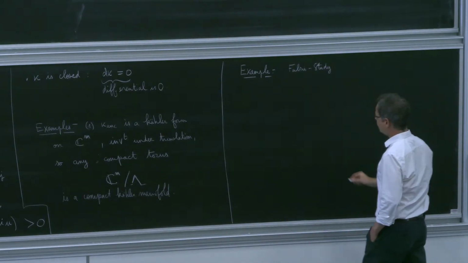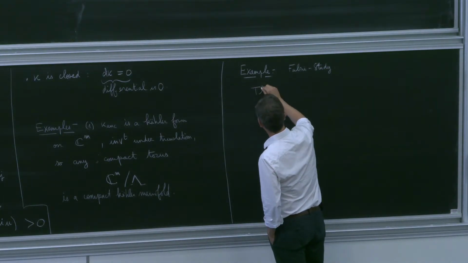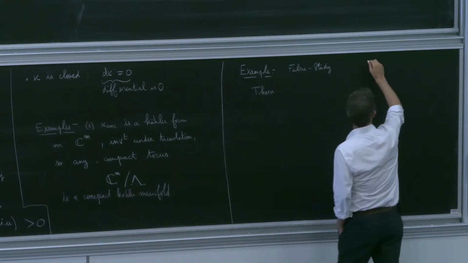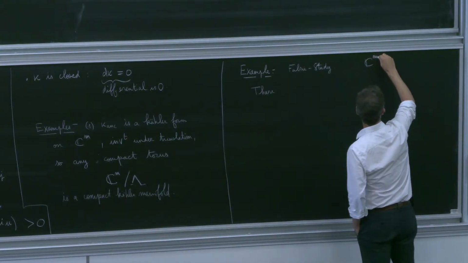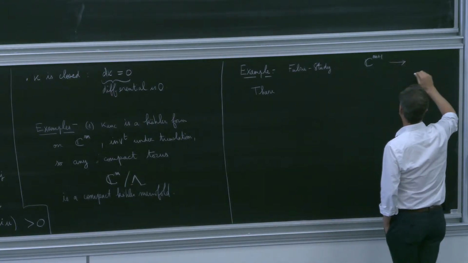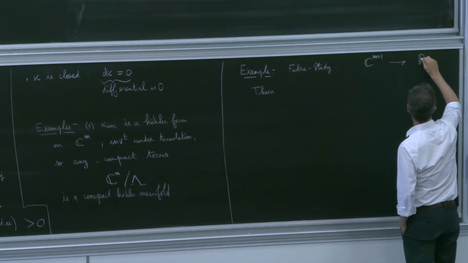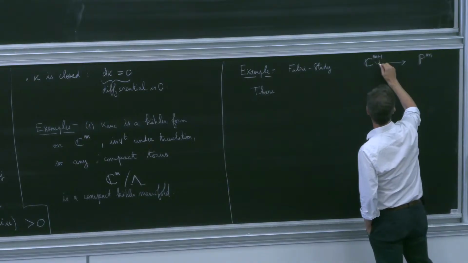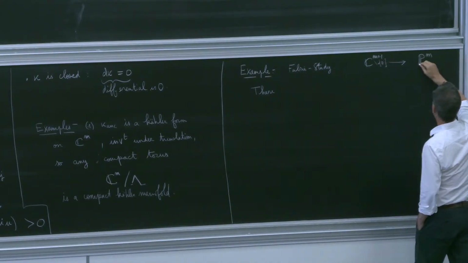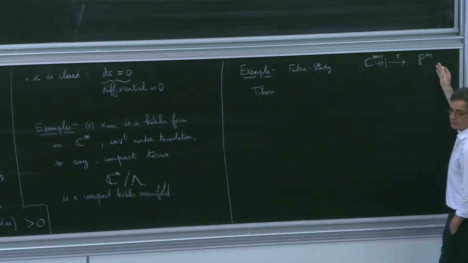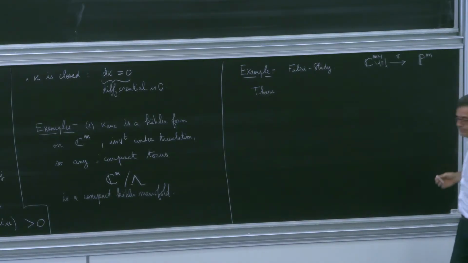What I'm saying is that, I denote by pi from C^(m+1) minus 0 to P^m the projection that you get when you construct the projective space.